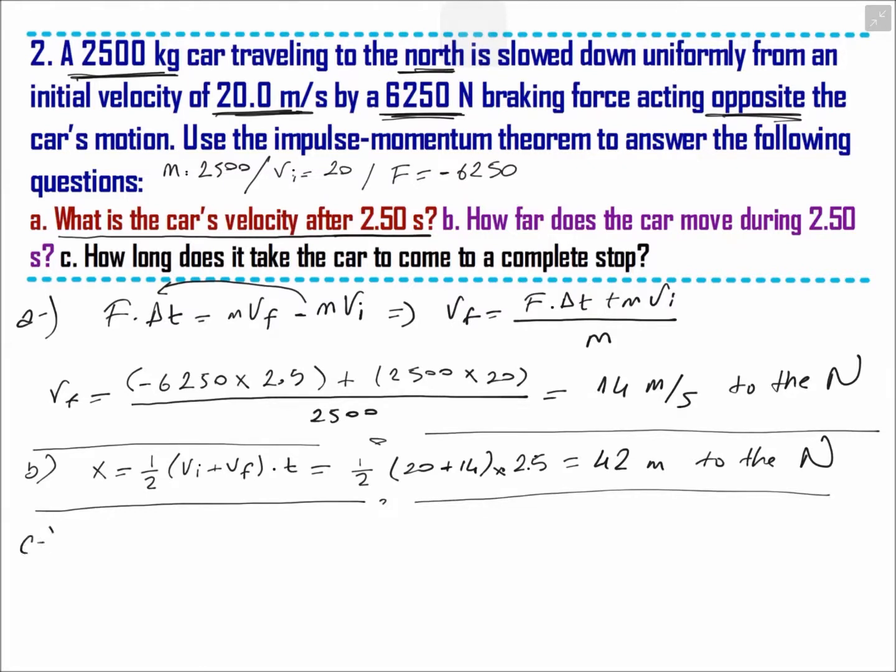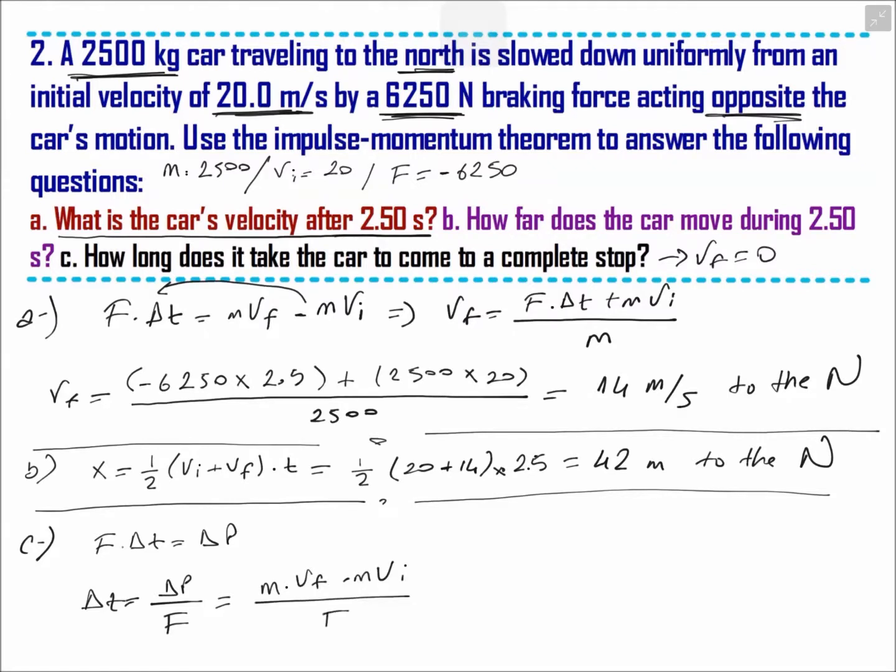At C, it says, how long does it take for the car to come to a complete stop? Complete stop means the final velocity of the car is going to be 0. So from the momentum-impulse theorem, F times delta t equals delta p, and delta t equals delta p over F, that is, m times v final minus m times v initial over F. The final velocity will be 0 because it says complete stop.